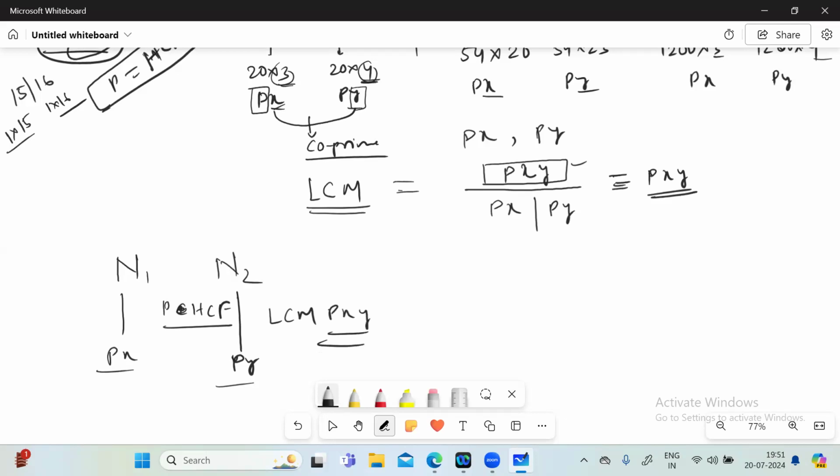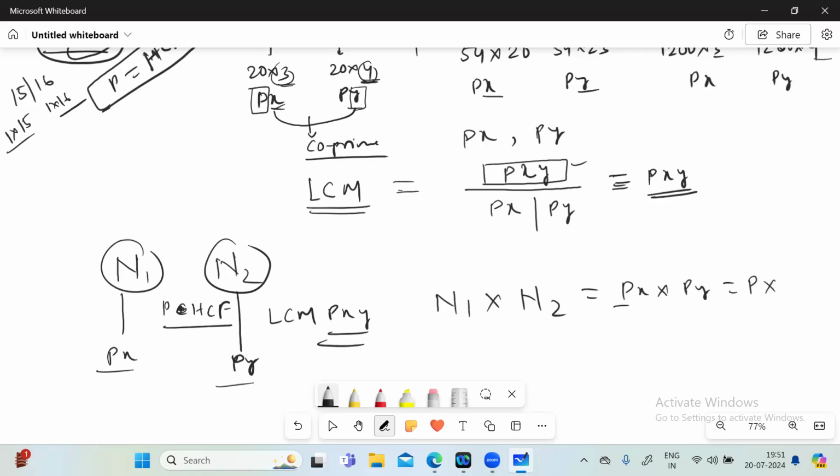Now, if there are two numbers n1 and n2 which are being written as Px and Py, let me calculate the multiplication of n1 and n2. What do we see here is n1 and n2 can be written as Px and Py, and then it can be redistributed, like we'll write P once and then Pxy.